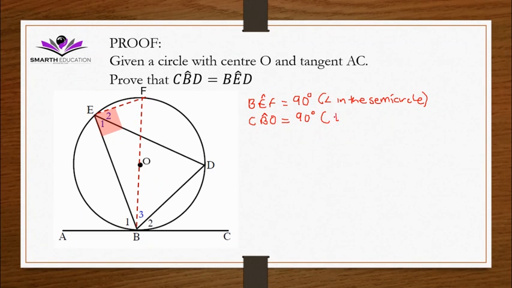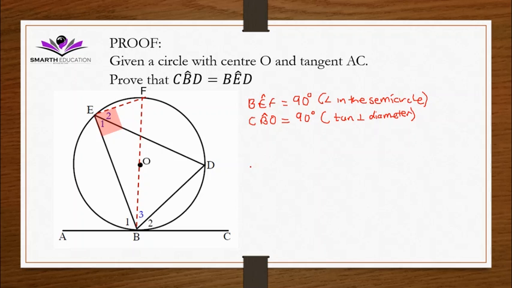Because tangent is perpendicular to diameter. You see diameter BF there. That is diameter BF, the diameter that we constructed. So angle CBO is 90 degrees. So do you see that angle BEF and angle CBO are equal? Yes. Now, what do we do next?